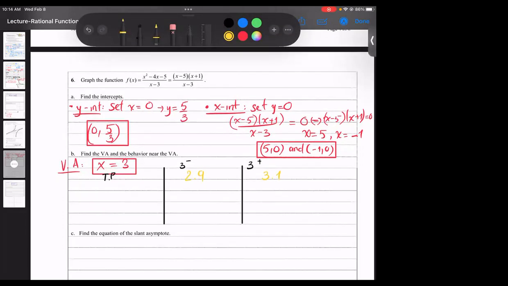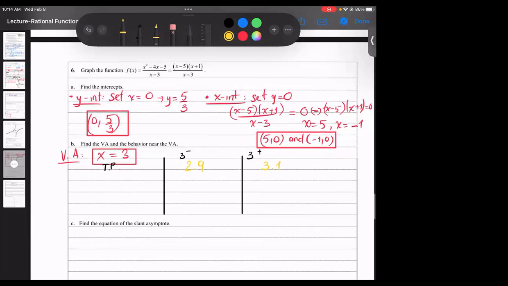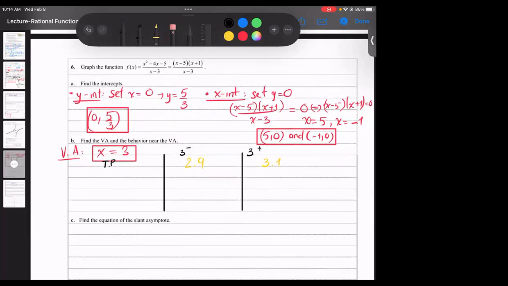And then you plug into the factor form. It's just easier. So the factor form, let me write down here: x minus 5 times x plus 1 over x minus 3. Let's see, 2.9 minus 5, that's minus, and then plus, so minus on the top.